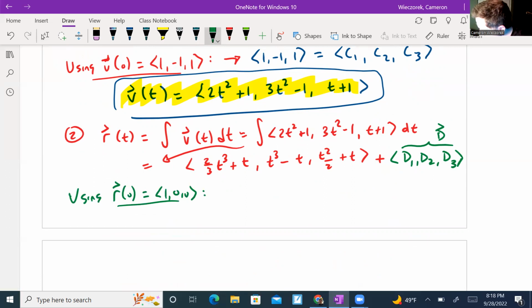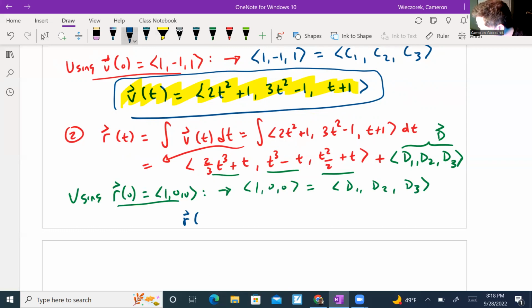So putting zeros in, this whole thing is going to wash out and become 0. This is going to become 0. This is going to become 0. So I'm going to get 1, 0, 0 equals d1, d2, and d3. So my final position function, I'll write it in blue, would be 2/3 t cubed plus t plus d1, which we just found was 1.